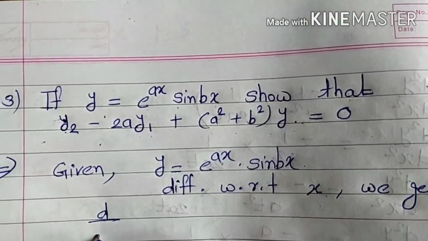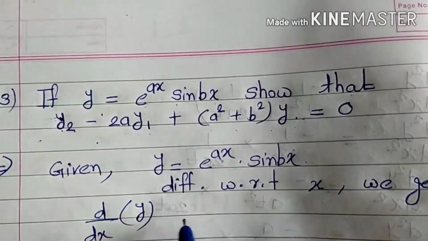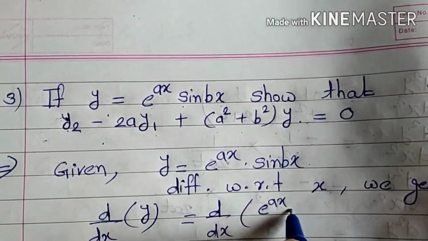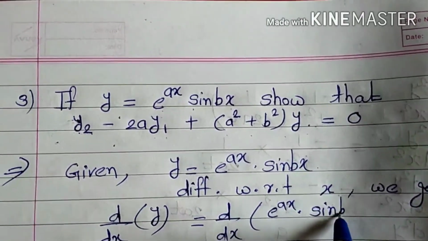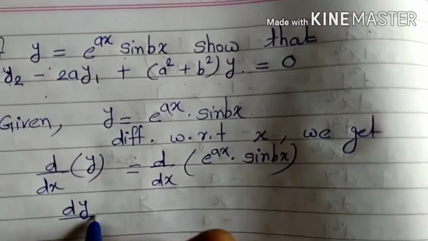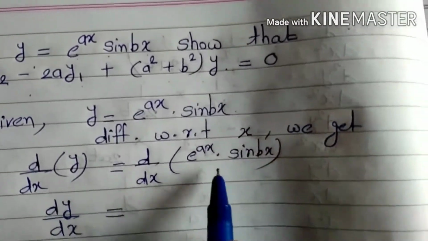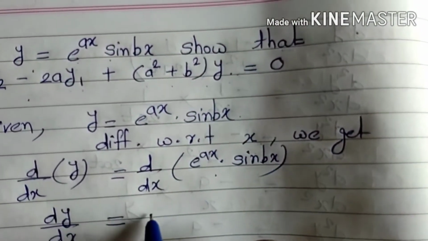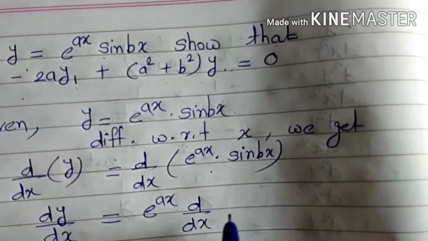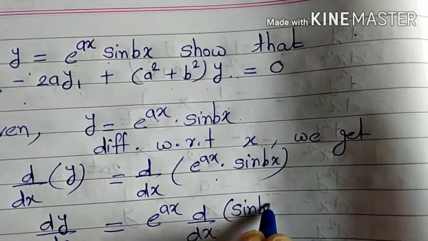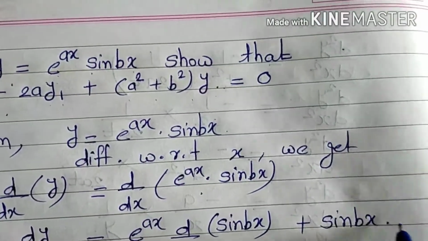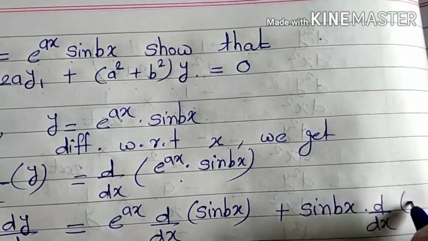So take the differentiation: d by dx of y is equal to d by dx of e raised to ax into sin bx. So it is dy upon dx, and here we have to use the product rule. First e raised to ax as it is, derivative of sin bx, plus sin bx as it is, derivative of e raised to ax.